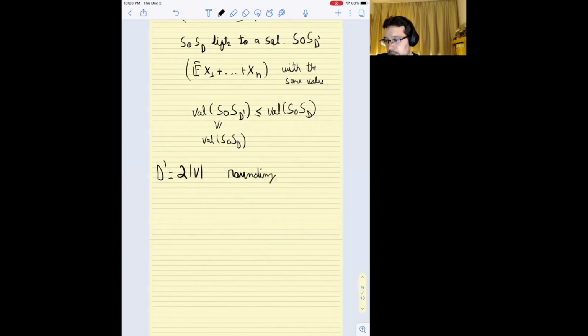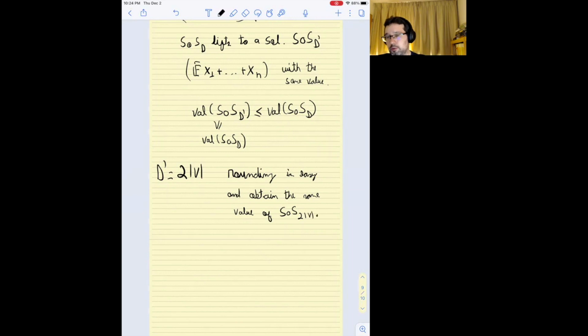Rounding the SOS solution is easy, and you can round and obtain the same value of the relaxation, the same value of SOS 2V.